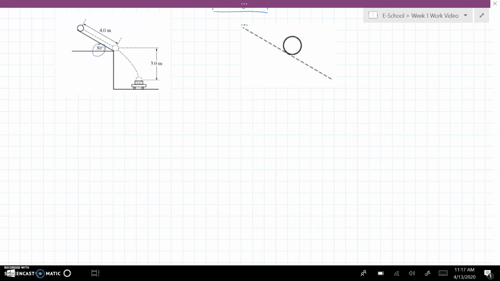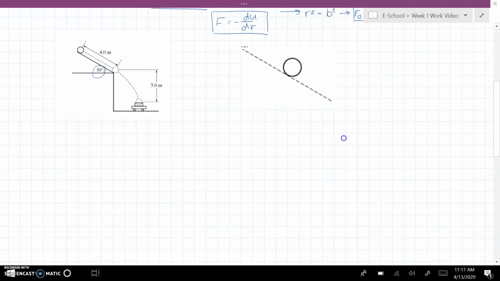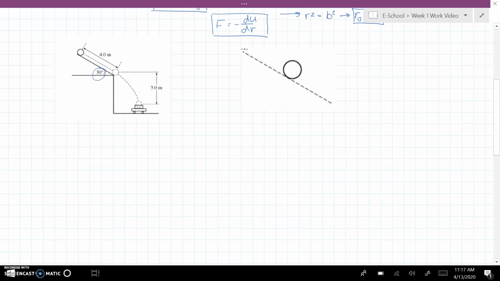I've blown this up because I want to make sure we draw our force vectors in contact with where they are applied on the ball. Okay? So the first one is easy, right? We know that any object that is moving through the Earth's gravitational field is subject to the force of gravity. And we know that that force of gravity always points vertically, straight down.